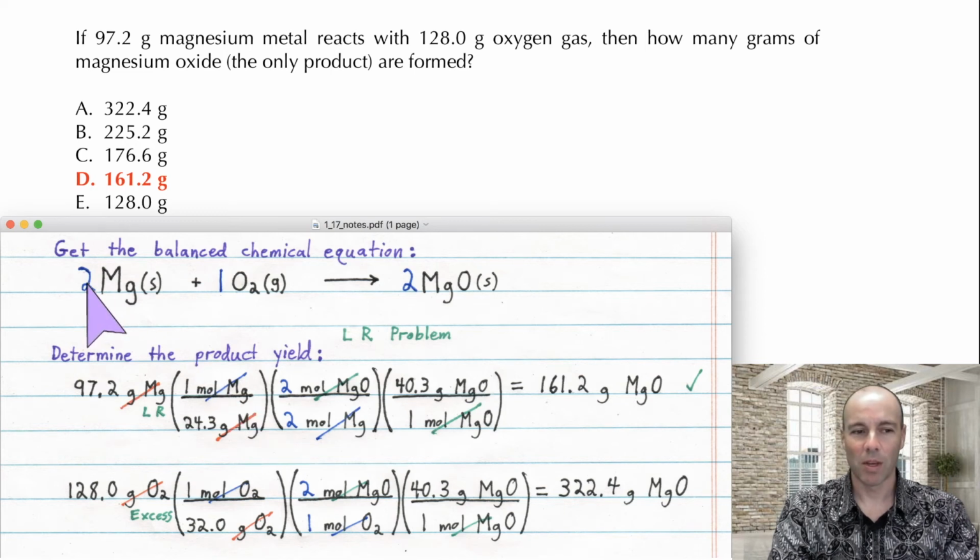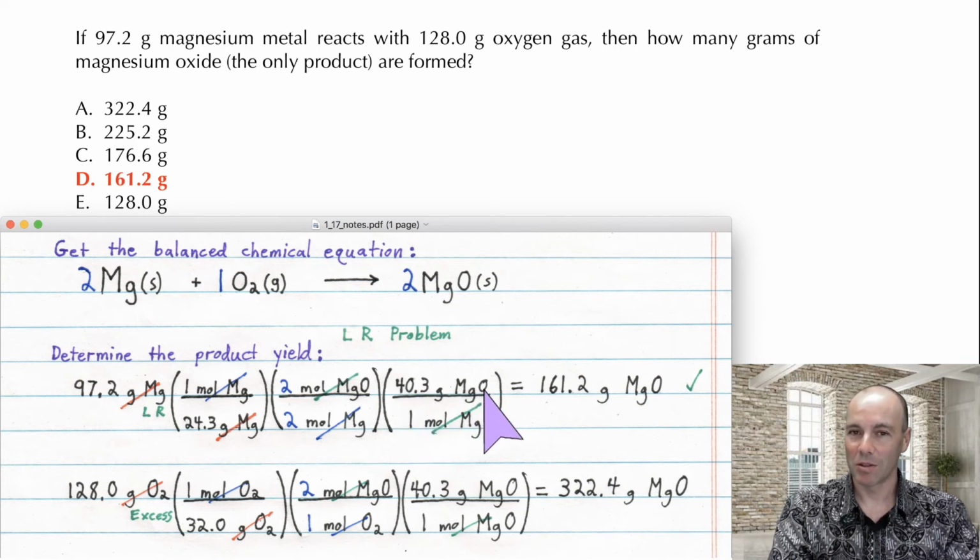And then from the stoichiometry of the equation, 2 moles of magnesium result in 2 moles of magnesium oxide. So it's a 2-to-2 ratio. And so up to here, we now have determined that this would result in 4 moles of magnesium oxide. And then to convert it back to grams of magnesium oxide, we know that 1 mole is 40.3 grams.